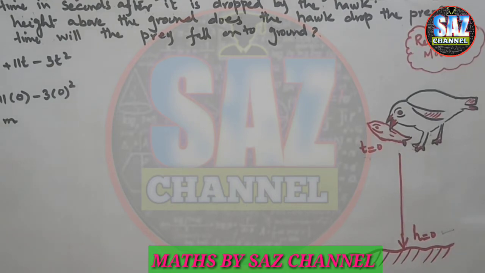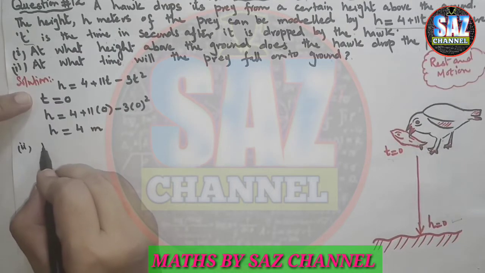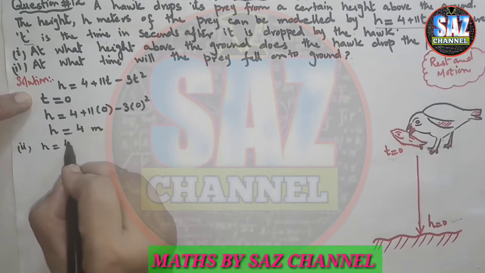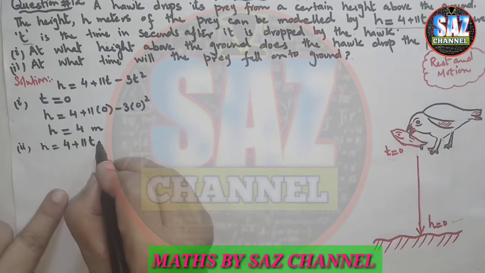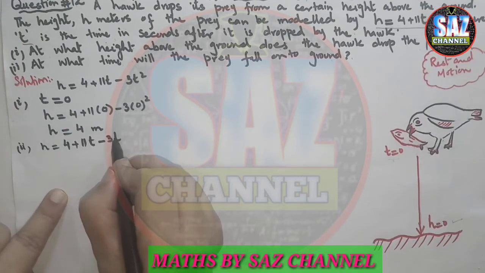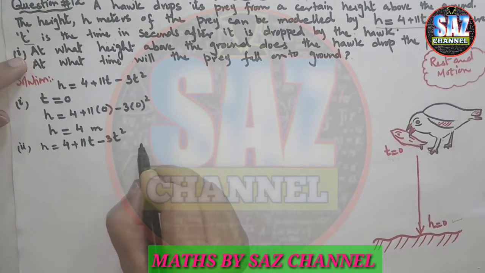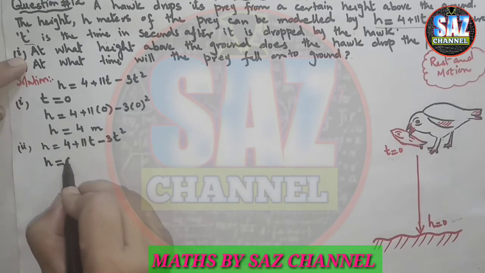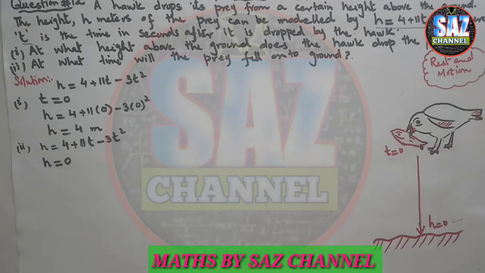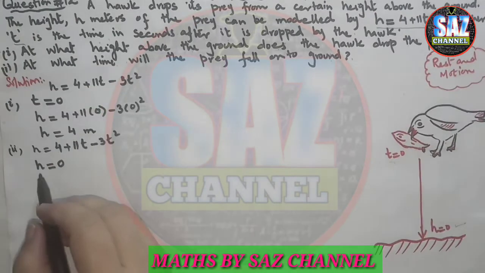Now let's move to the equation. The equation is h equals 4 plus 11t minus 3t squared. So we have to replace h with 0 in order to get the time when the prey touches the ground.